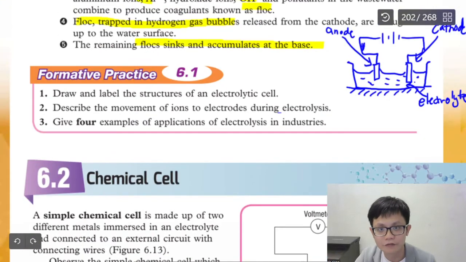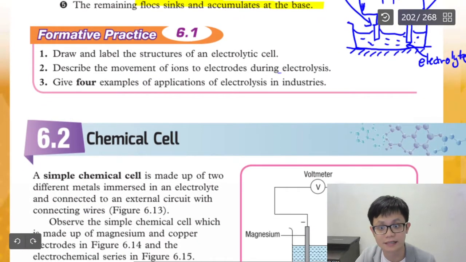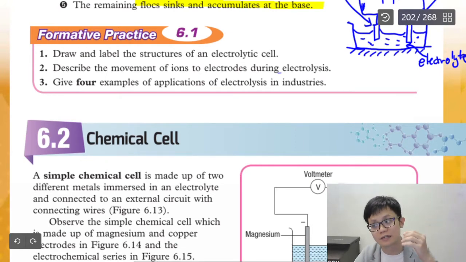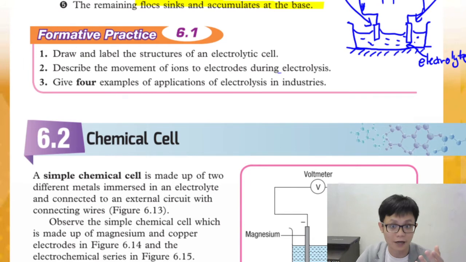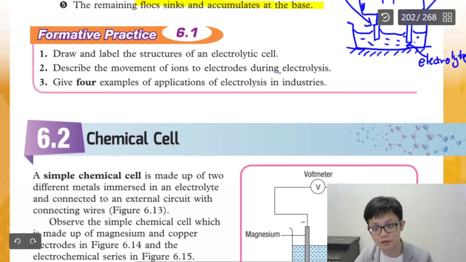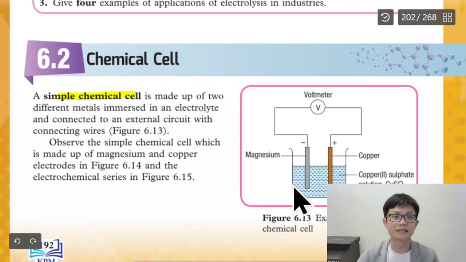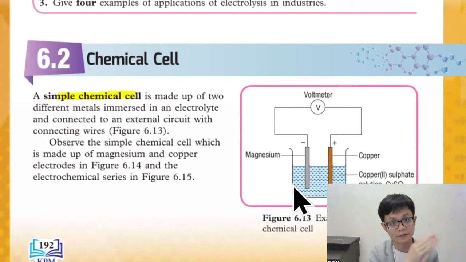Okay, so we already learned electrolysis, using electricity to produce a certain chemical compound. Now in 6.2, we are going to learn about a simple cell. Because in electrolysis, we are using electric energy to make chemical energy.